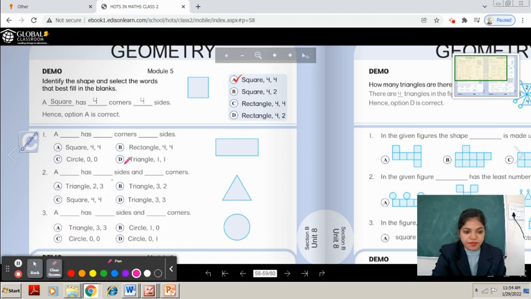Students, in this figure we are going to count the lines. 1, 2, 3 and 4. How many sides does it have? It has 4 sides, right? 1, 2, 3, 4. So we will write 4 sides. Hope you understand the meaning of corner and side. Is it clear?